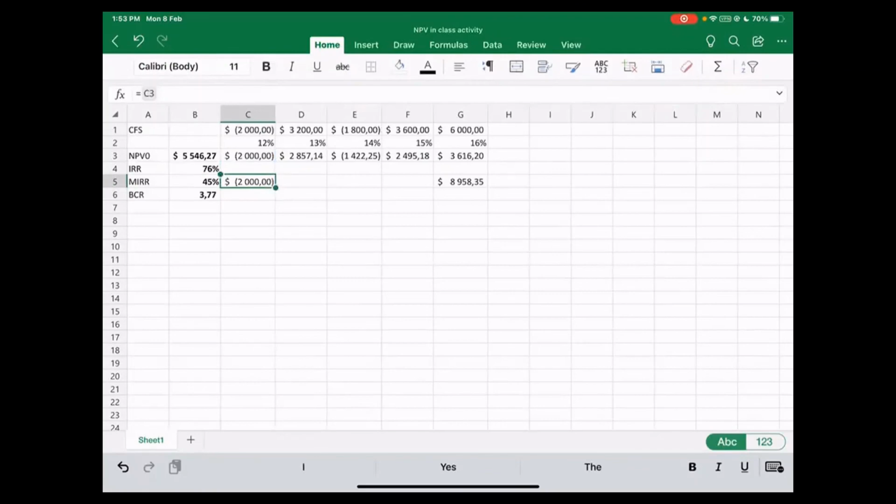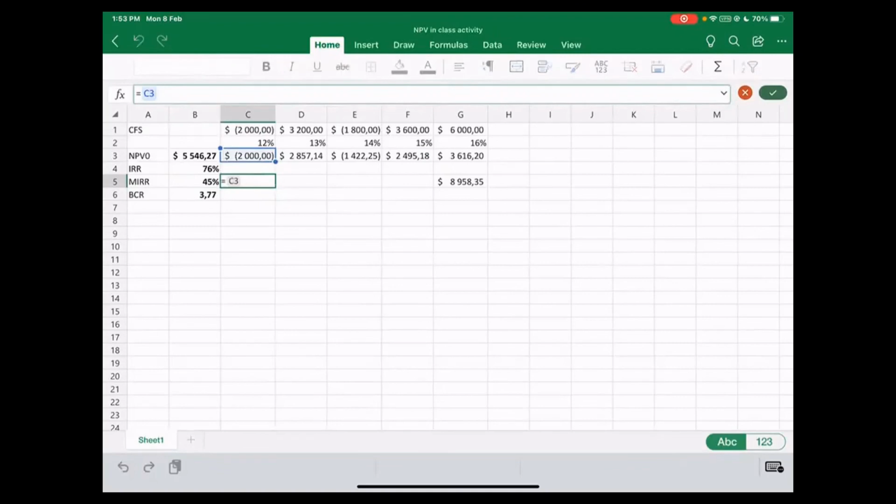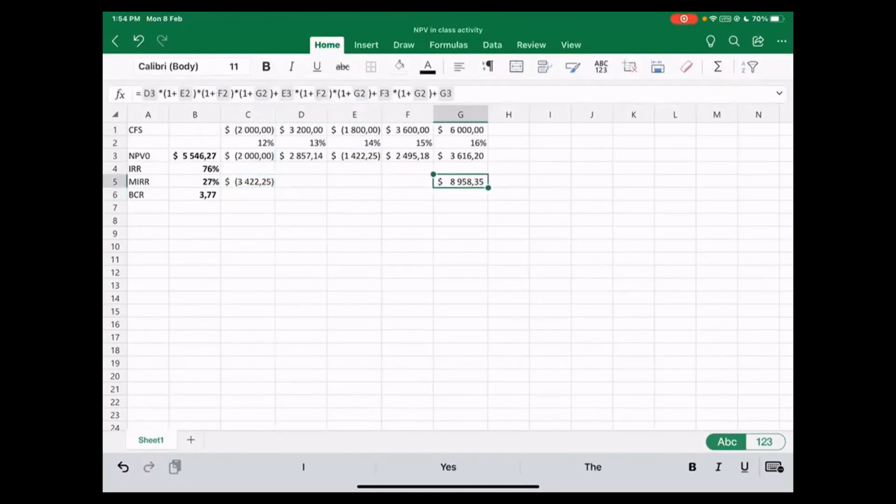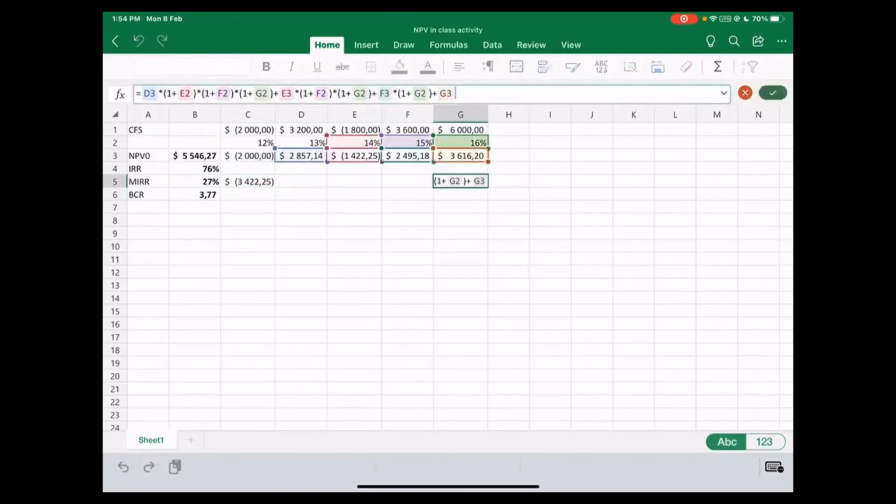MIRR I think is okay, but still show me how you calculate. So for MIRR, I use the present value of negative cash flows. Here I should add the 1,422, yes? Yes, very good. And here I should calculate the future value of all positive cash flows except this one. Let me correct my mistake.